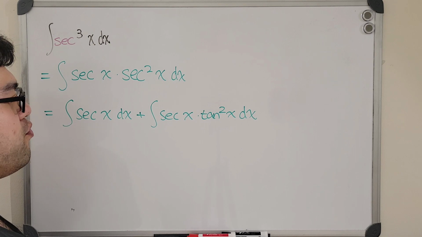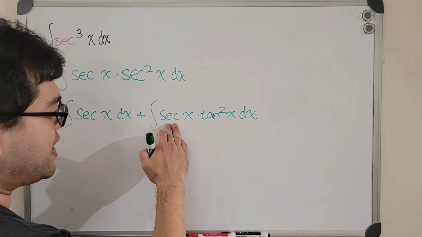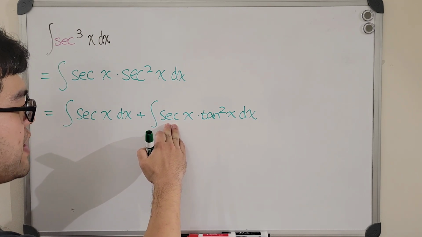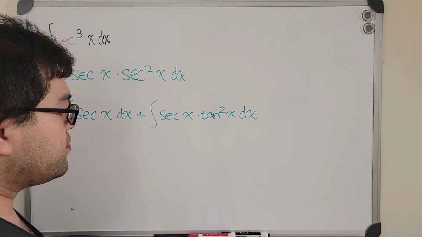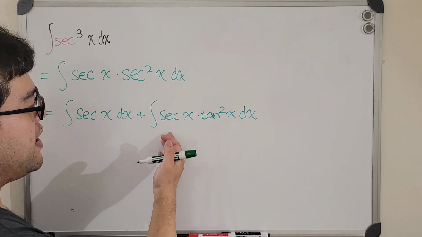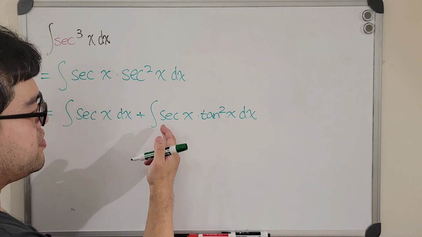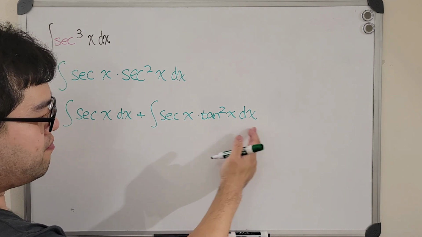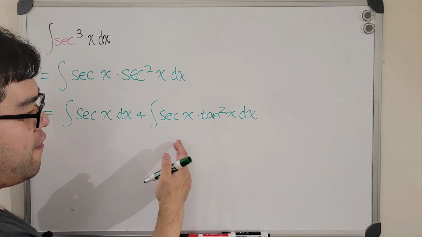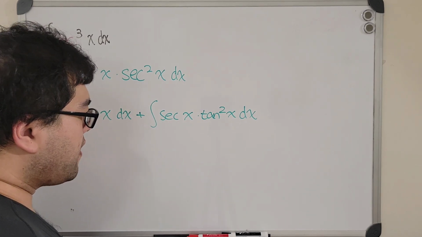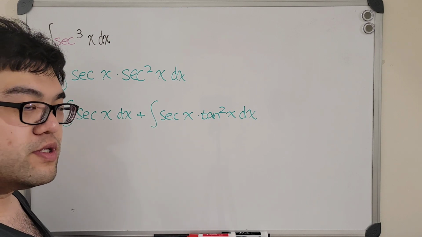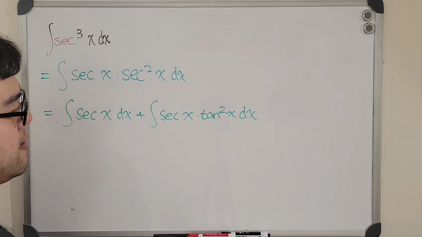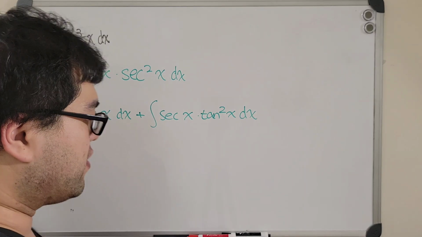Now on the other hand, if we let u be secant of x, then if we take the derivative of u, du will be equal to secant x tangent x times dx, meaning that we need the derivative of secant of x, but then in that case, we also need another copy of secant. So we don't have it.